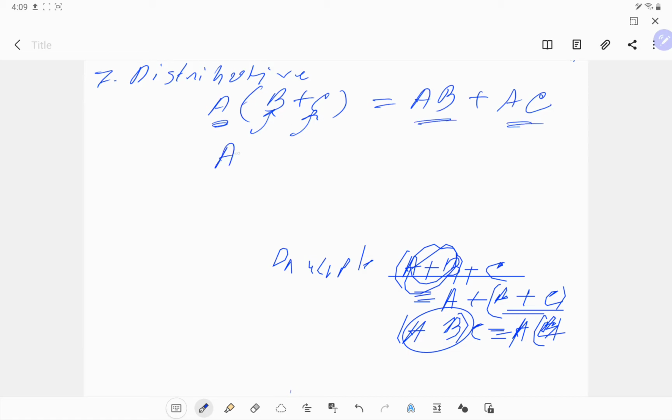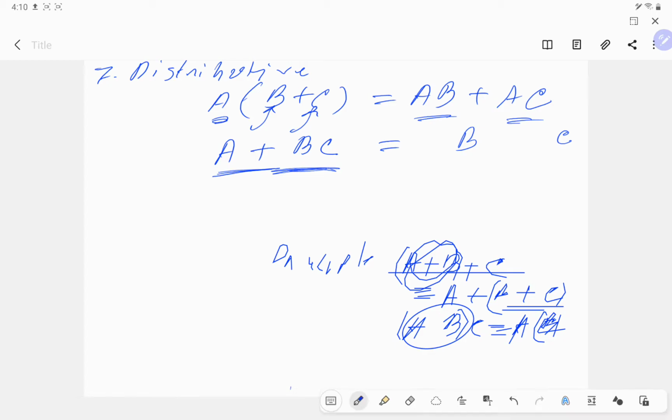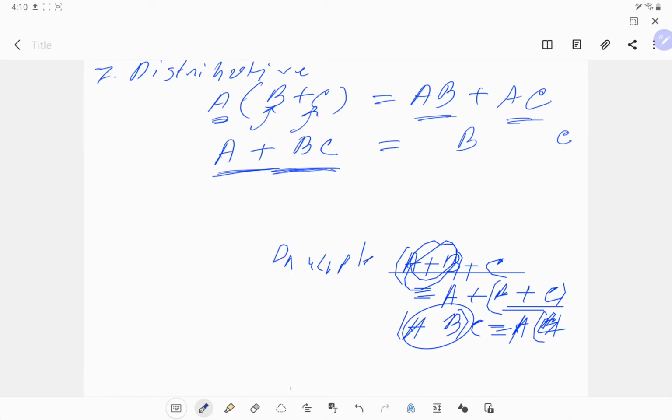Now tell me, if we have A plus BC, what will that be? Now this plus is not only for B but also for C. So what is the relation between B and C? The relation between B and C is the times relation.